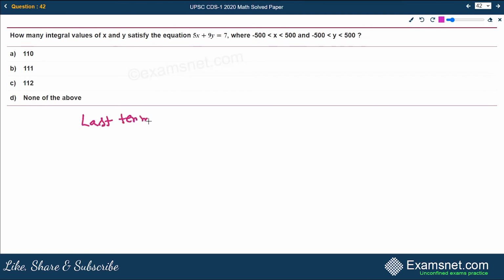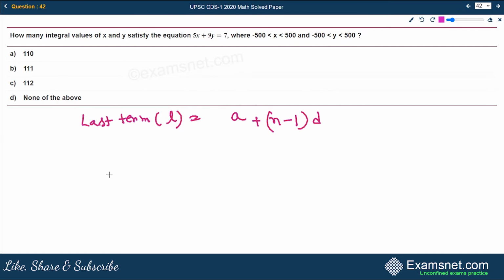Let's say the last term is L. How to find that? So the formula is A plus (N minus 1) multiplied by D, where A is the first term, N is the number of terms, and D is the common difference.